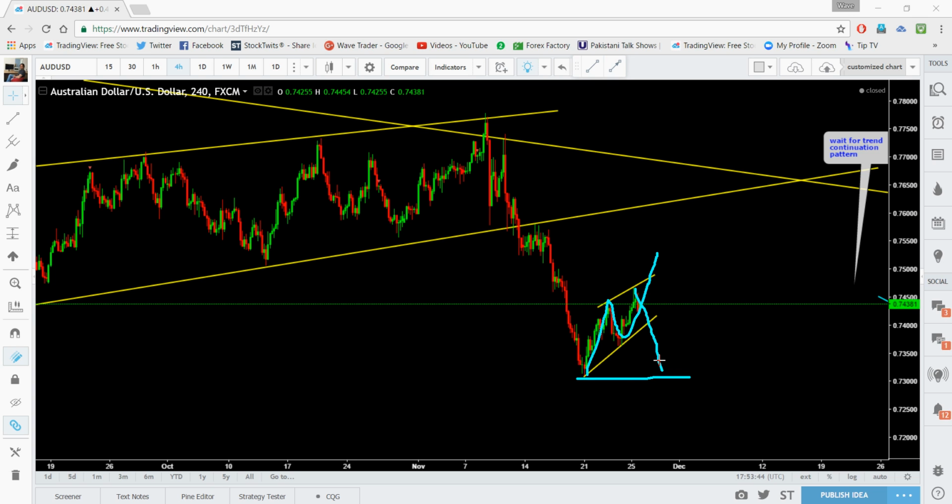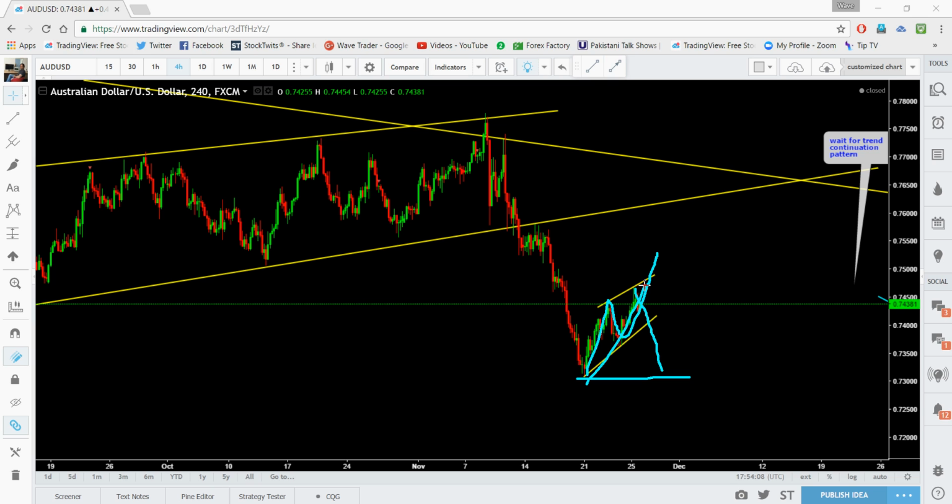But be careful. This pattern is forming against the indication. Your indication is showing that price gonna push to the upside, so don't try to get into the market early.